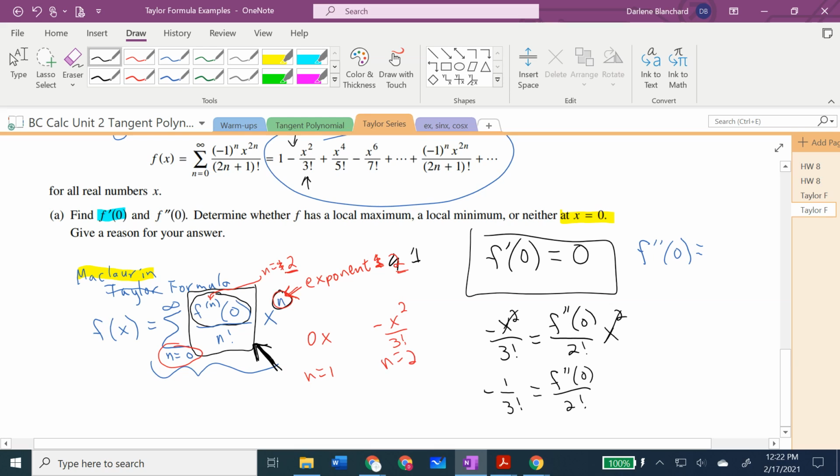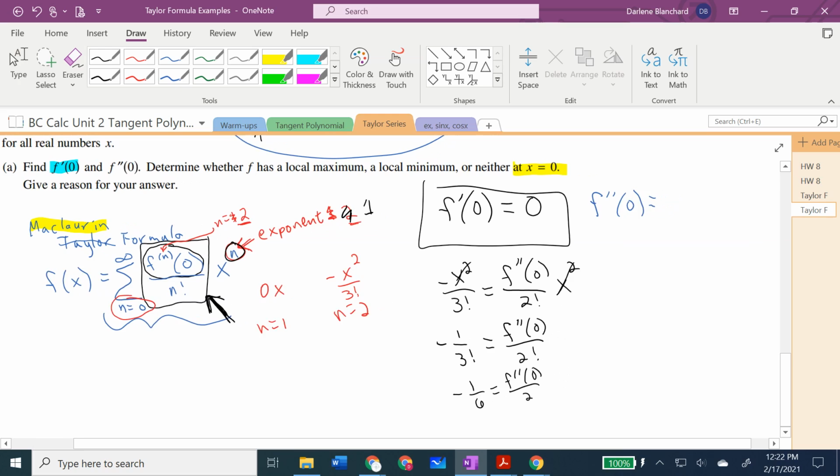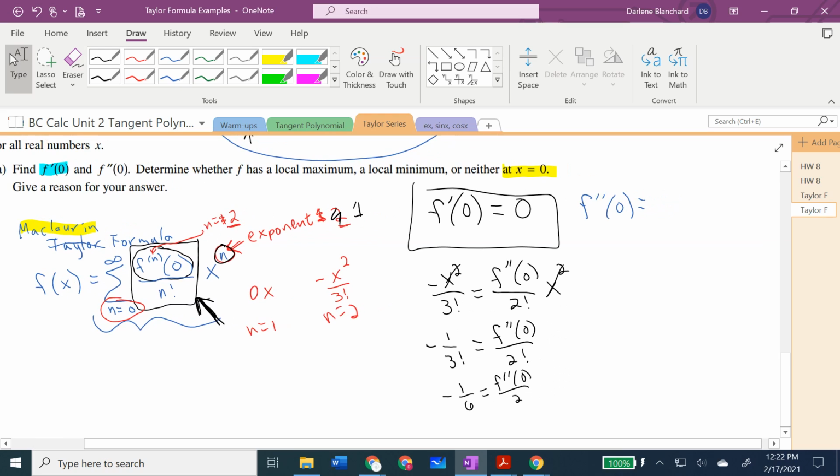So what is the answer to the second derivative at 0? Negative 1/3.